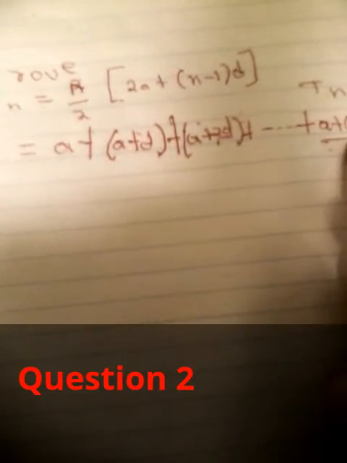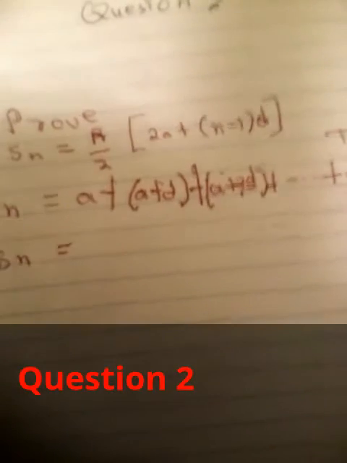So when you add all the terms of this arithmetic sequence, you get this formula. But we have to show how we get that formula. So Sn is equal to, you start with the last term and come back up until the first term.